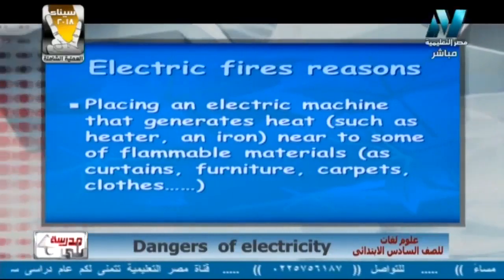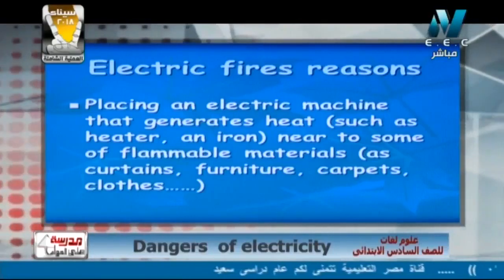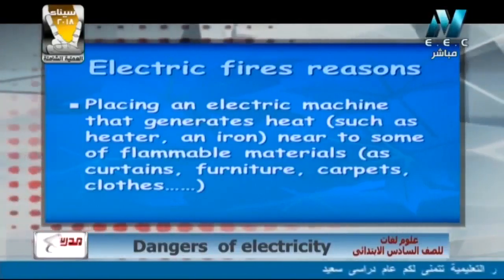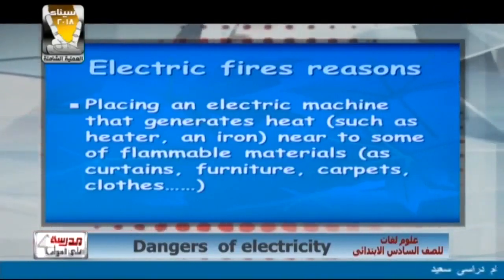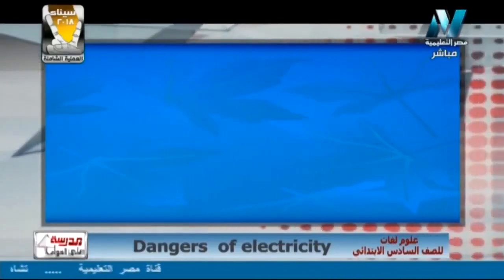So we must take care of placing those machines away from the flammable material. What does flammable mean, the third time? It means a material that can catch fire. That's the first reason of electric fire.